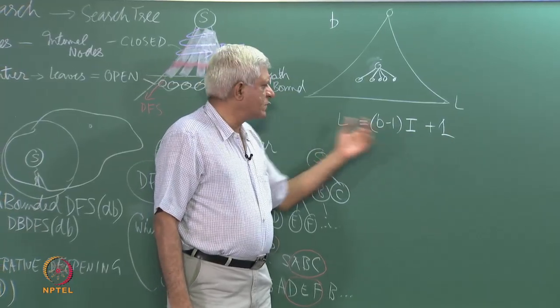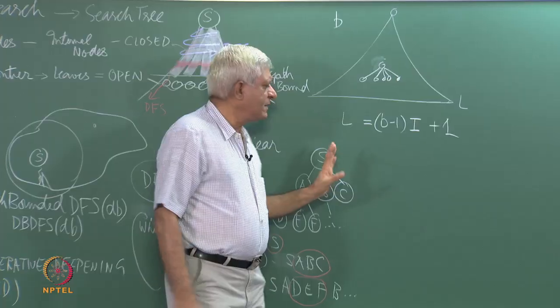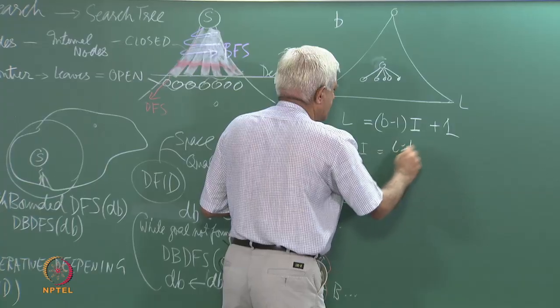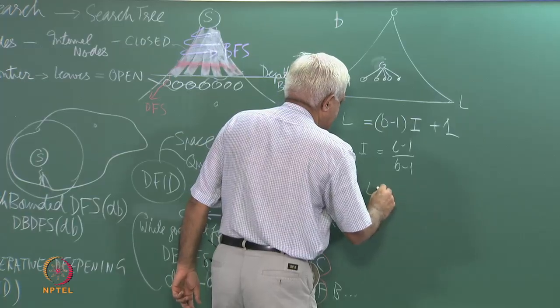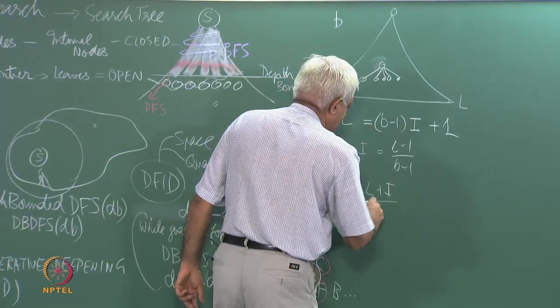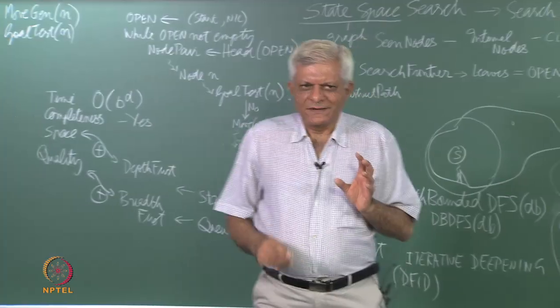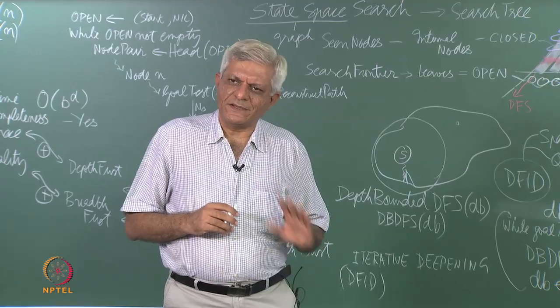So, the total number of competitors is given by this, and this gives us a relation between I and L. You can write I is equal to (L minus 1) divided by (B minus 1), and then you can compute (L plus I) divided by L, which is the ratio that we are looking at, which is the amount of extra work DFID is doing as compared to breadth first search.